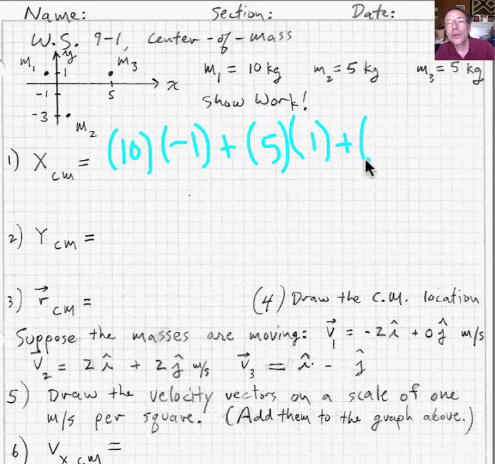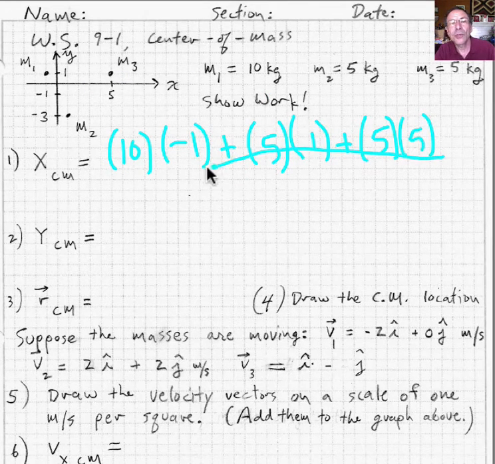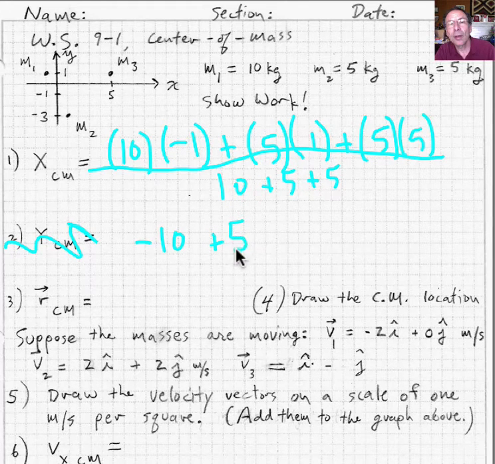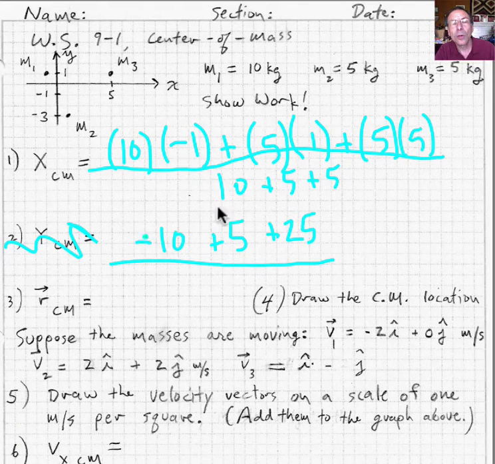And the third mass is also 5 kilograms, and its x-coordinate is 5. All of this is going to be over 10 plus 5 plus 5. And I'm running out of space, so I'm going to use this space down here. So we've got -10 plus 5 plus 25 all over 10 plus 5 plus 5.